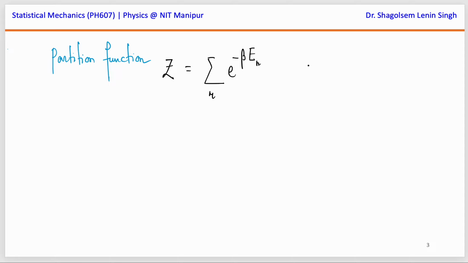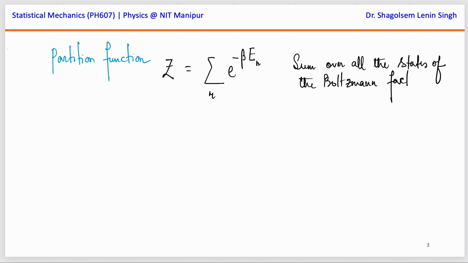Okay, so this is nothing but the sum over all the states of the so-called Boltzmann factor. What I refer to is this e to the power negative beta E_r. Beta as usual is 1 over k_B T. Okay, so we have this relation at hand.